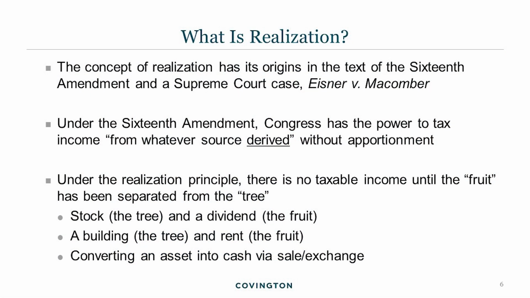So this concept of realization comes from the text of the 16th Amendment itself, that word derived, and then an old case called Eisner v. Macomber, in which there was arguably dicta, but the U.S. Supreme Court said that income needs to be realized before it can be taxed under the 16th Amendment without apportionment.